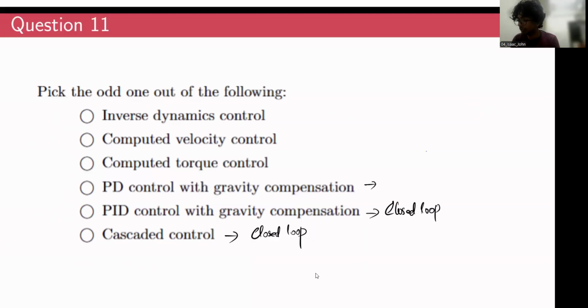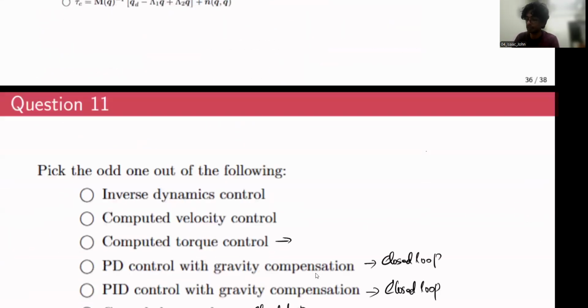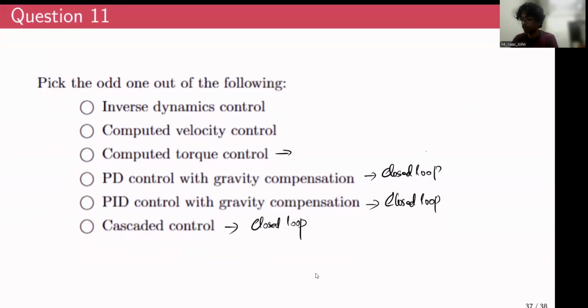PD also similarly is a closed loop control scheme. Computed torque control, this is something we have seen just above in the previous question. This is also a closed loop. Computed velocity kinematic control, that also we have discussed. This is also a closed loop.